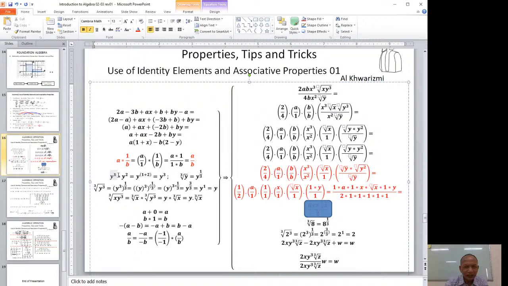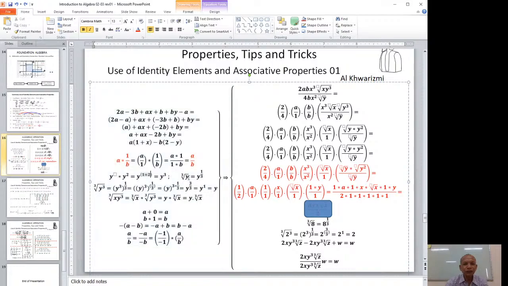No need to write it here. We leave it blank. y times y squared equals, here we use the exponent 1 plus 2, so we have y cubed.